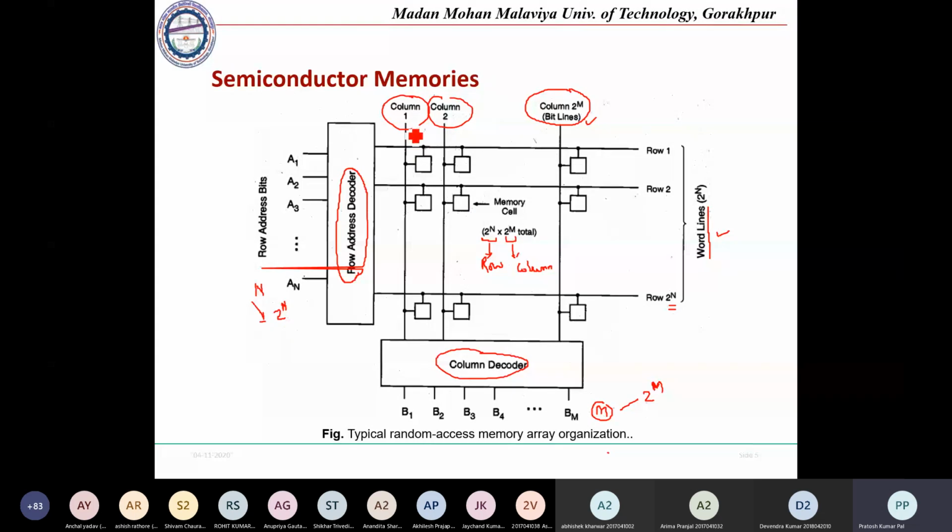Once a column and a row cross, this is the crossing point. This crossing point is considered to be a memory location.